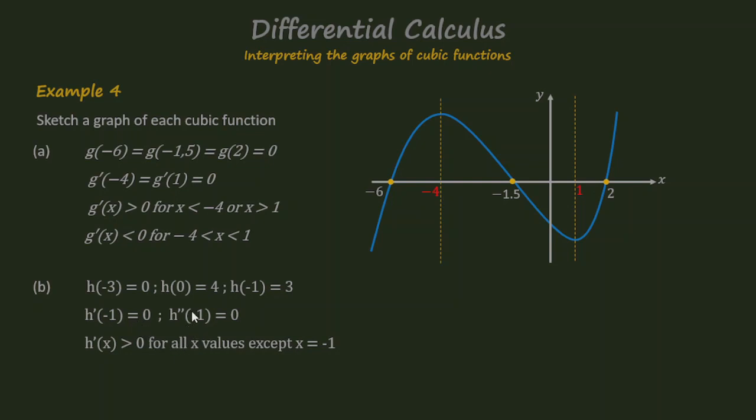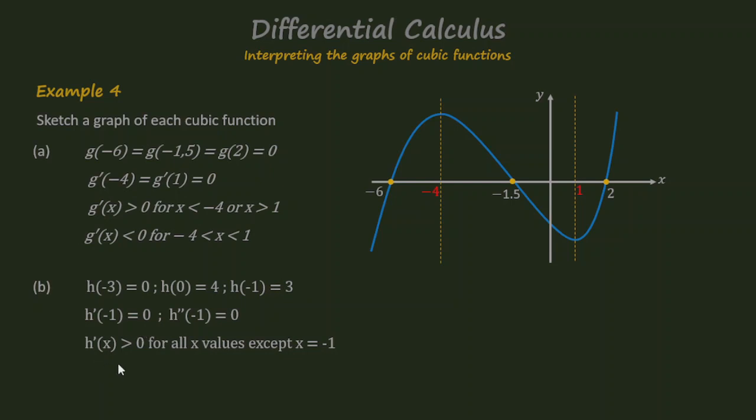But again, at that same minus 1, we have an inflection point. Remember an inflection point? When you substitute minus 1 and you get a 0, you know that you have an inflection point. So minus 1 is a turning point because of this information, and minus 1 is an inflection point. And when we substitute minus 1 into the original function, we get that the y value of the inflection point is 3.